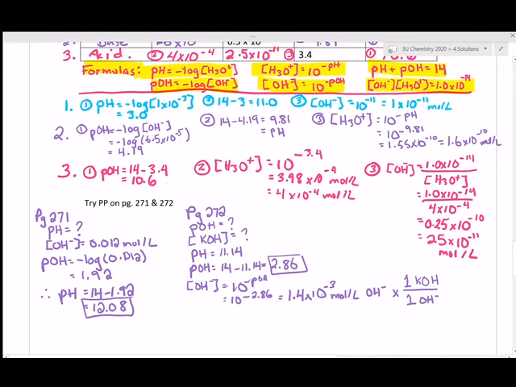So therefore, hydroxide is going to cancel, and I do have 1.4 times 10 to the negative 3 mole per liter KOH solution. Okay, that is it, and you're going to practice a few textbook questions with those types of calculations, and good luck.